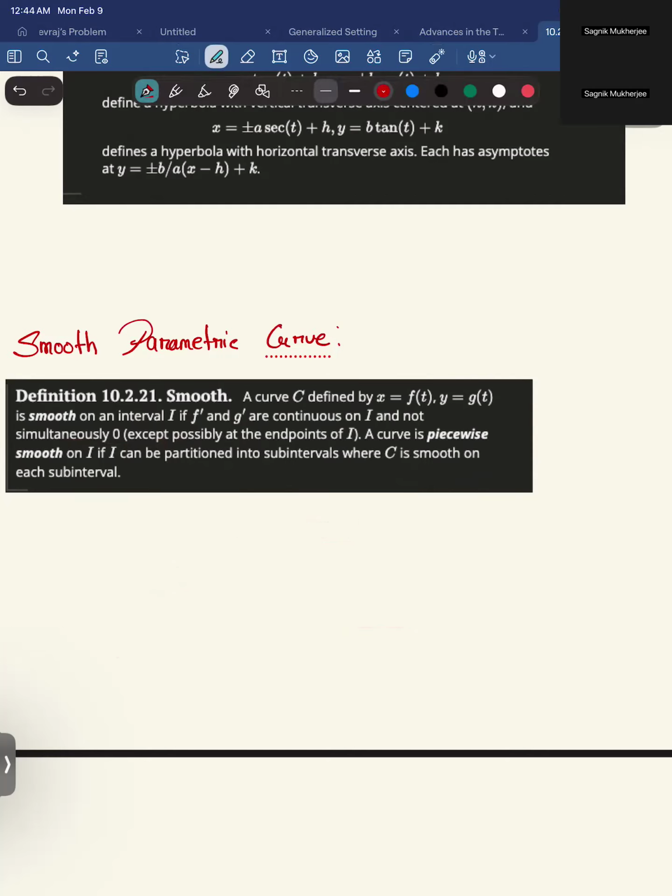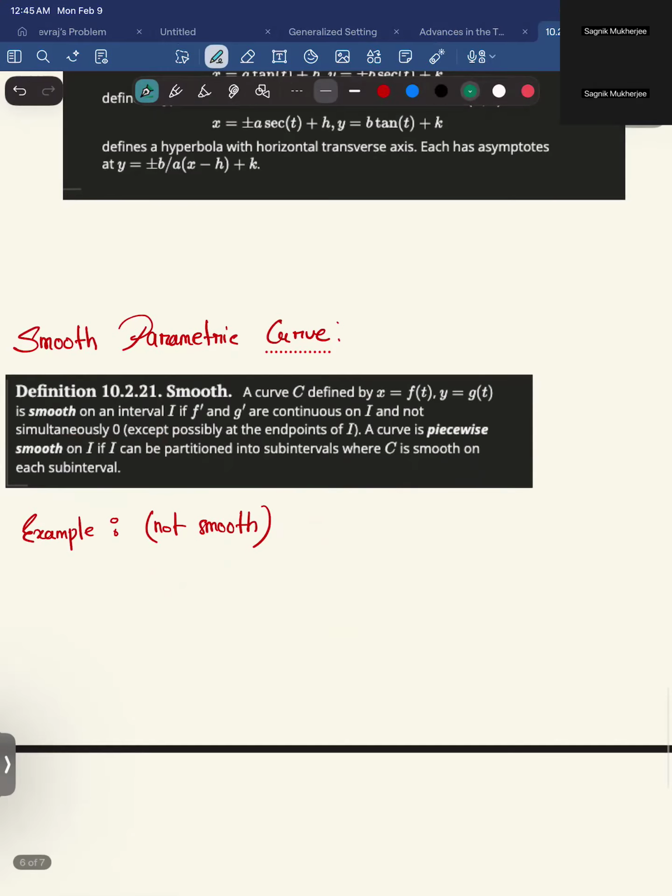Let me give you an example. Let me tell you what smooth parametric curves look like. It is better to look at what a not smooth parametric curve looks like actually. So for example, this parametric curve.